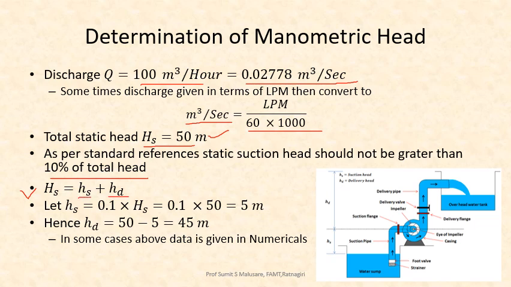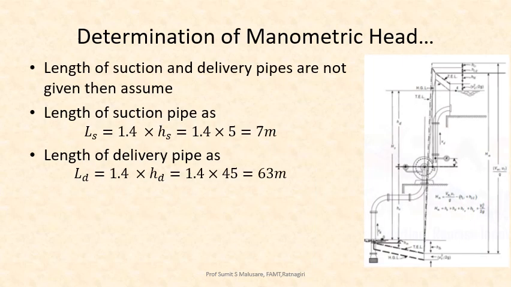So I have assumed 10% of the total static head, which comes out to be 5 meters. The remaining is 45 meters. So out of 50, 5 meters is the static suction head and 45 meters is the static delivery head.